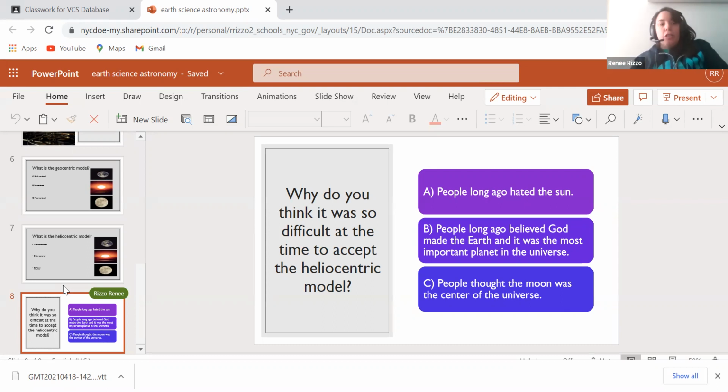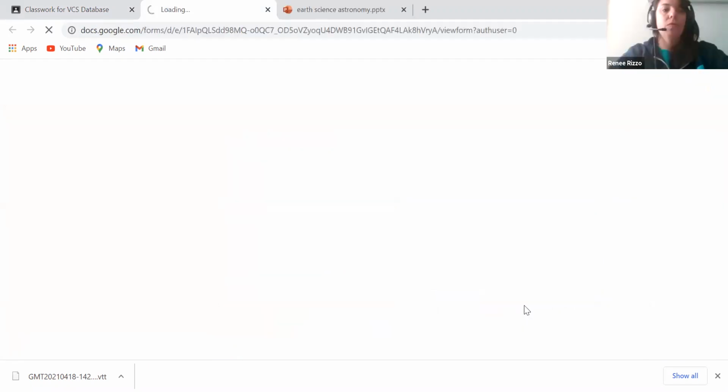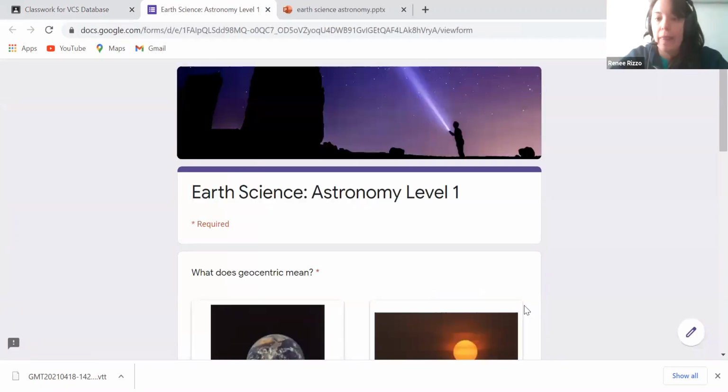So now I would like to show you 3 differentiated levels of assessment I created for this lesson so that students on various levels within your classroom can demonstrate comprehension of what they learned. So our level 1, this would be the students who need the maximum level of support.